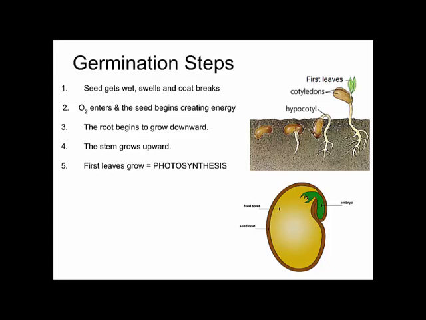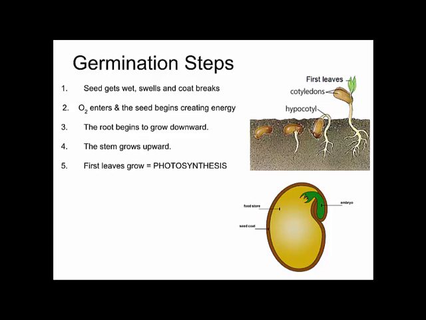So when we look at a germinating seed, the seed gets wet, swells up, the coat around the outside splits, oxygen is able to get in, and then the energy stored up in that seed is able to start to be broken down. The root starts to grow. It can sense gravity and grows downward toward gravity.